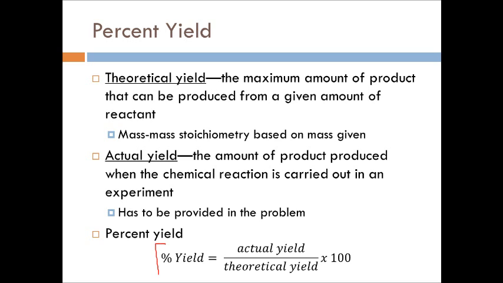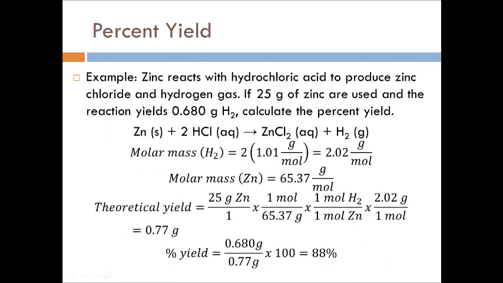And to find the percent yield, you take what you do end up with divided by what you should end up with, times 100 to get a percent. So it's the actual divided by the theoretical times 100. So let's look at an example. Zinc reacts with hydrogen chloride to produce zinc chloride and hydrogen gas. That's shown in this equation here.